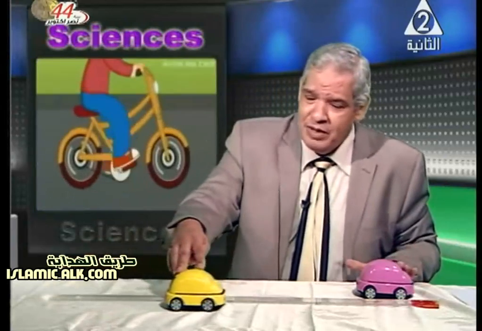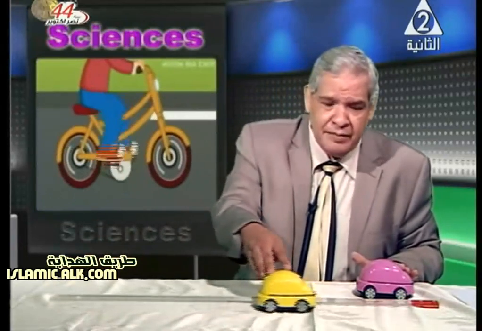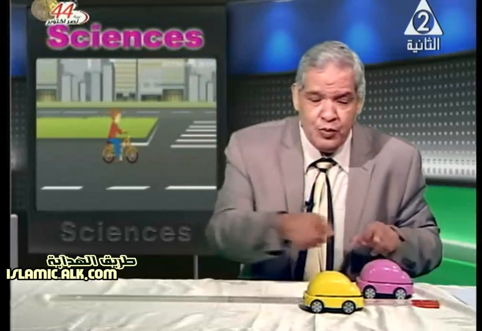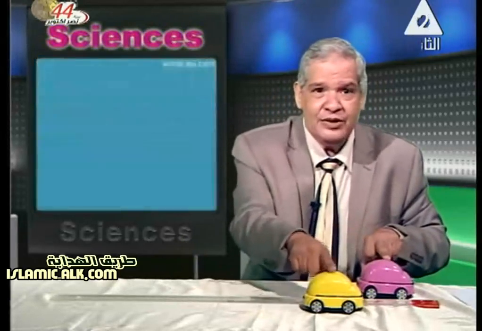It's good to say that the speed of this car now is about 20 kilometers per hour, for example. The other car moves slowly, 5 kilometers per hour, but it needs long time. When I ask, what is the difference between the first car and second car?